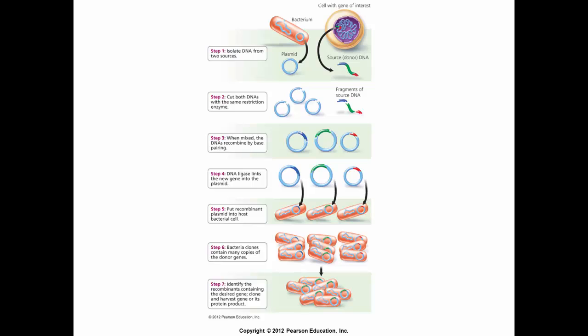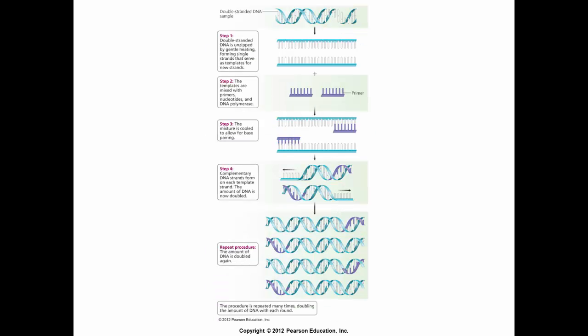And so at that point, we identify the recombinants containing the desired gene, clone and harvest the gene and/or its protein products. This is the image of the polymerase chain reaction described earlier.